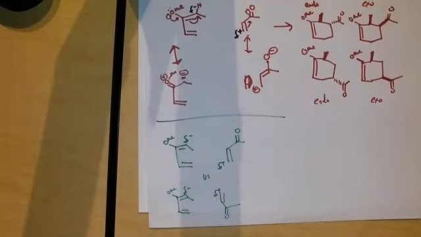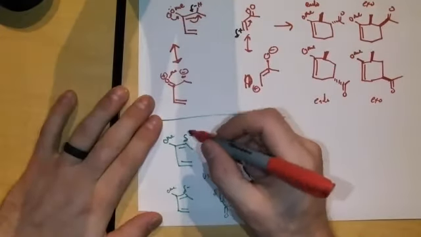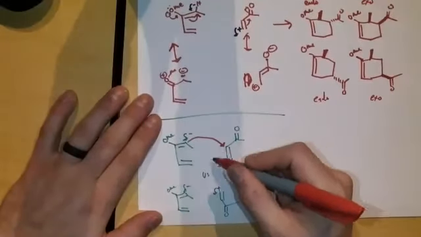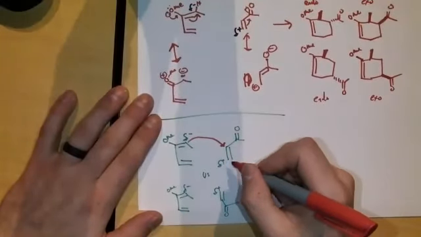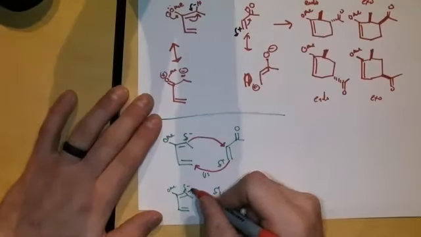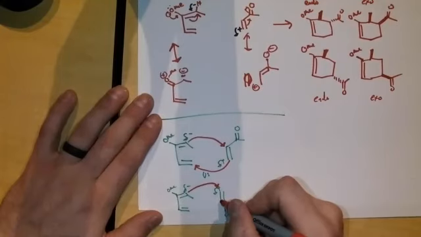So thinking about our reaction, if this is building up a negative charge and it tried to attack here, this is not where the positive is. Versus this one, we are attacking where the positive is. It's more favored.